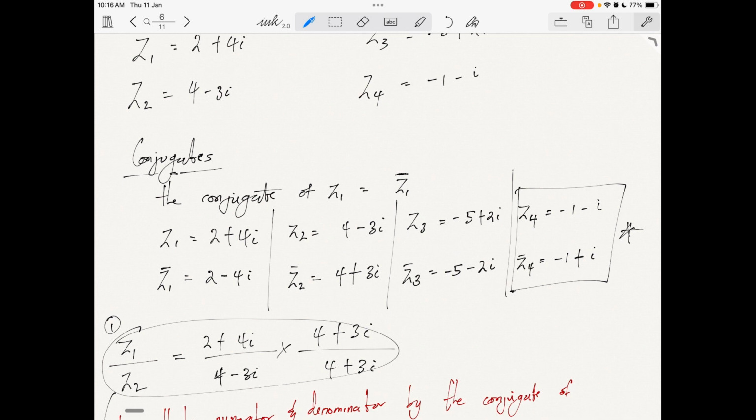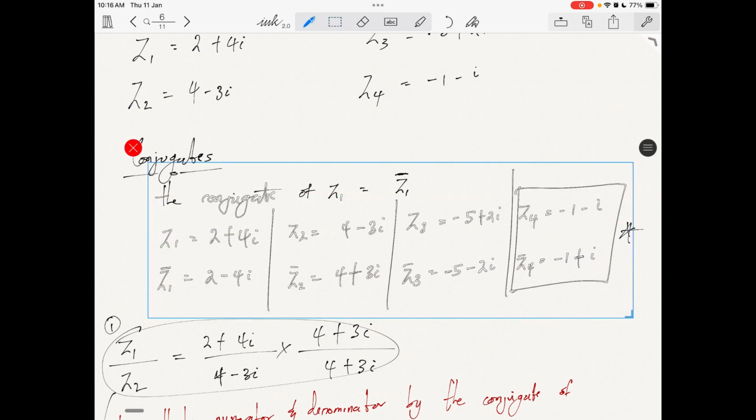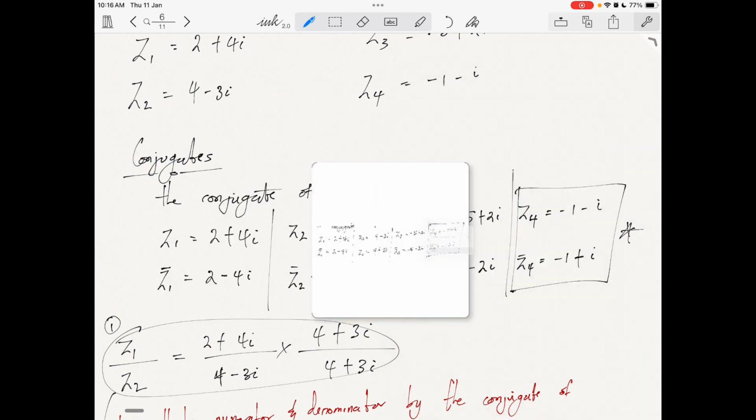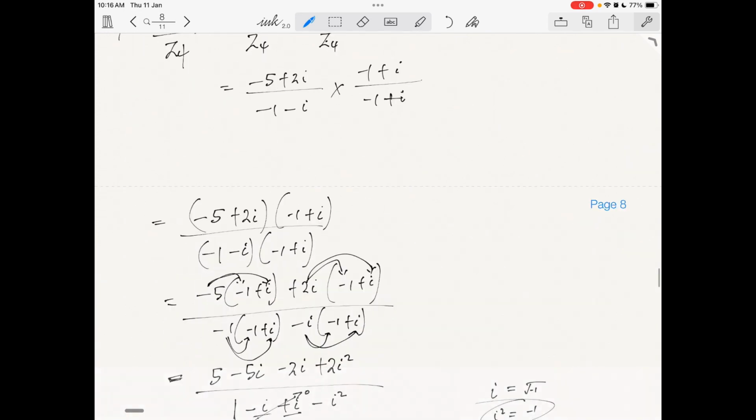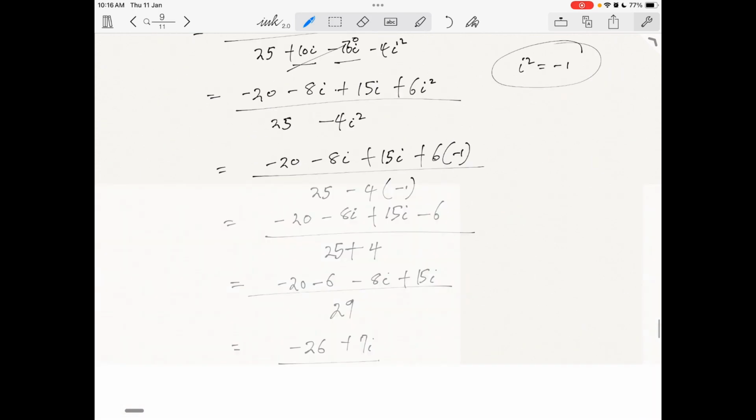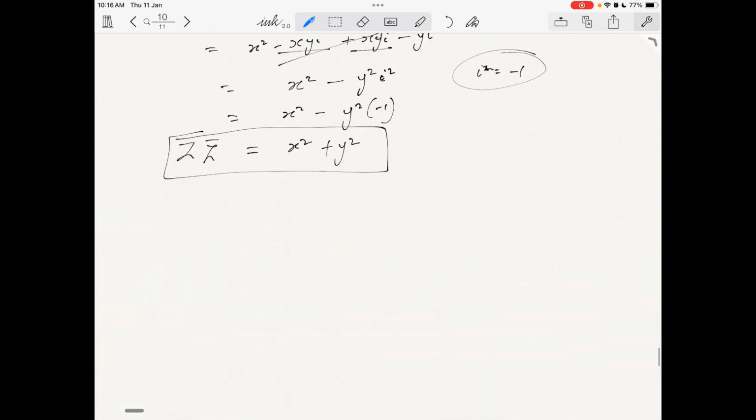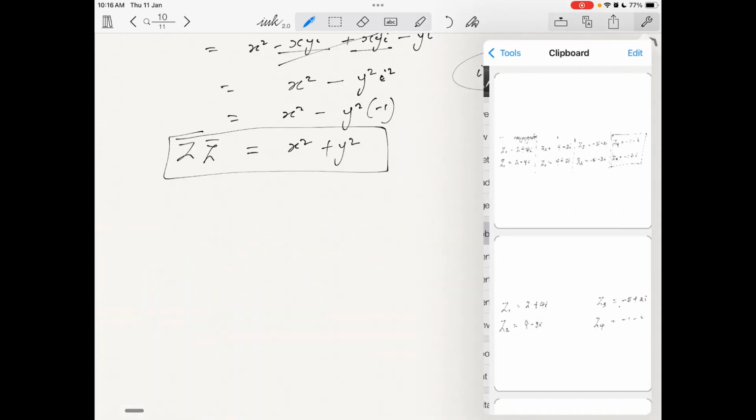So if we work on what we have so far, let's try and copy this, and let's now perform the product of its conjugates with the other.